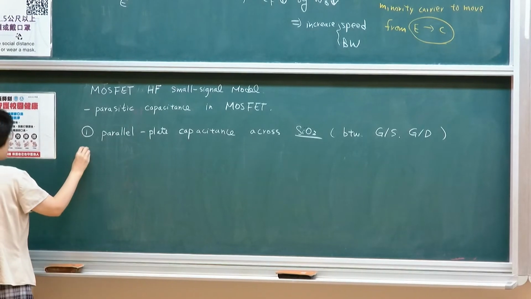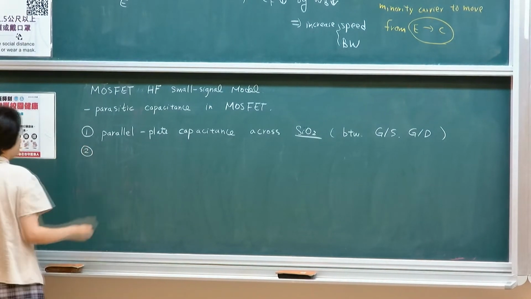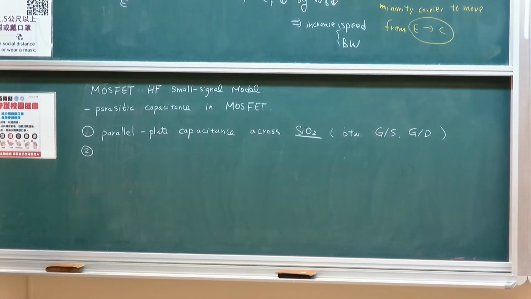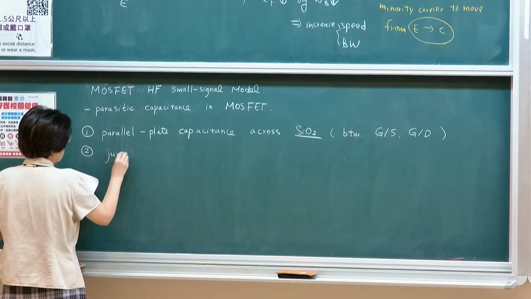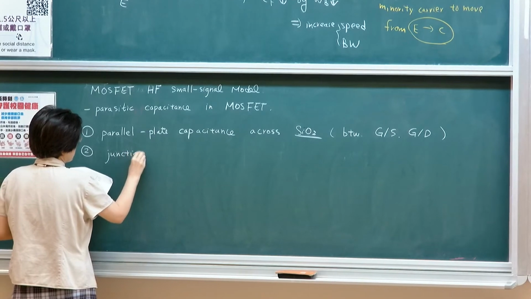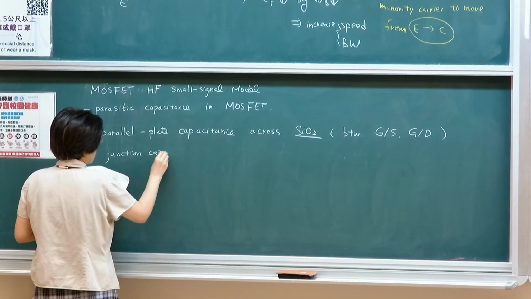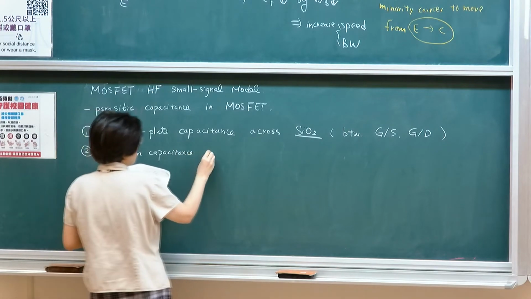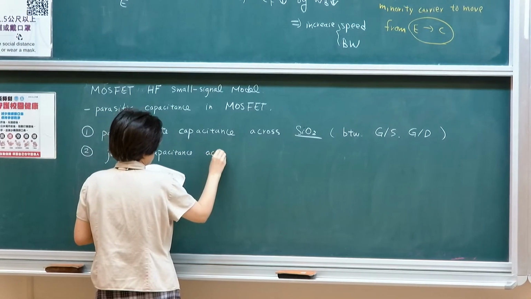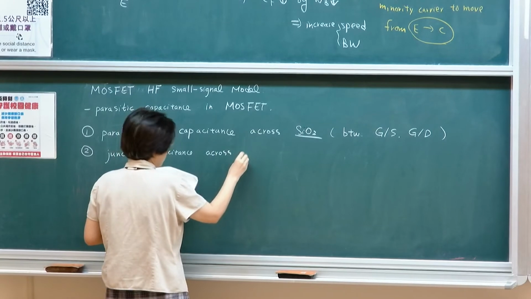And the second type is that, remember, the PN junctions are in reverse bias, so there will still be what we call junction capacitance across the reverse bias junction.